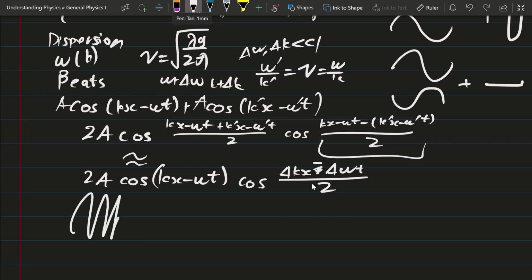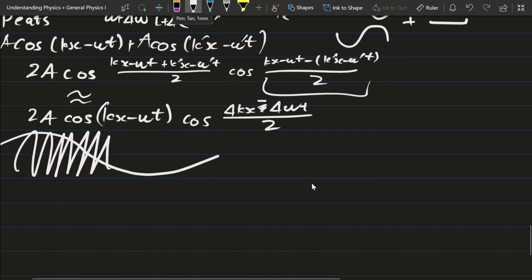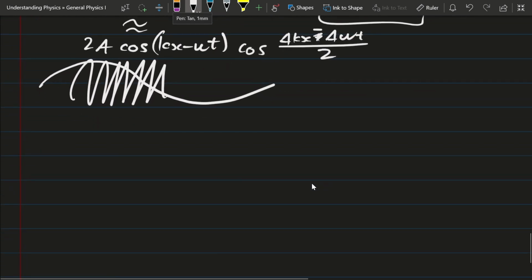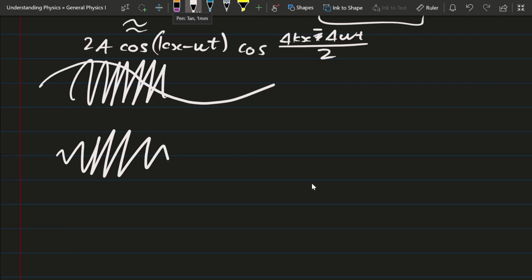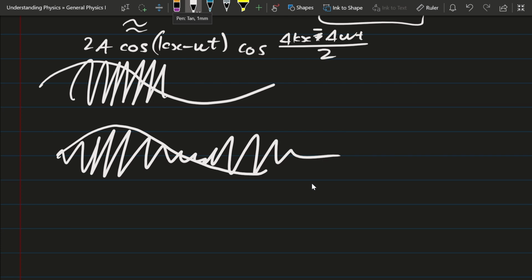So it will be something like this. But then this side here has the wave number to be very small. So it will be something like that. So if you actually multiply both of these things together, you would obtain something like this. So you could see here that there is this big wave and there's these small waves.